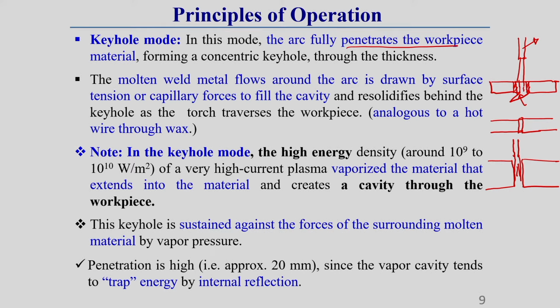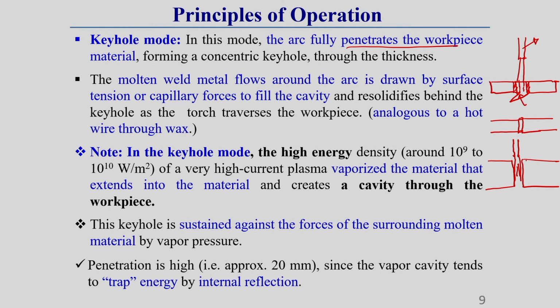This keyhole is formed due to vaporized molten material gases. This vaporized gas has a pressure, and that pressure pulls back the molten material from the keyhole region. Understand what I am telling? So, once the arc is there, due to this vapor pressure, the keyhole remains as it is during the keyhole mode.